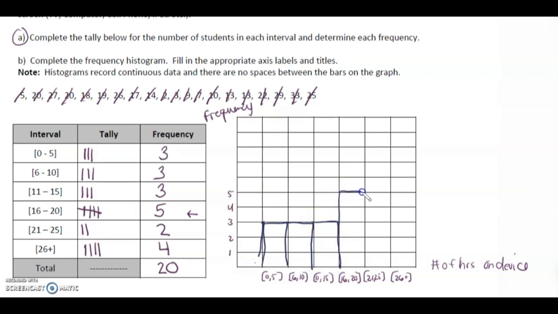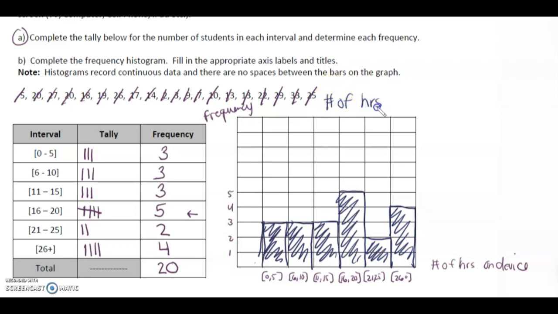And then we go up to 5. And then we're down to 2. And then we're up to 4. Okay, so here is the histogram to show the number of hours that these 20 students were on their devices. Okay, we can call this number of hours on devices.